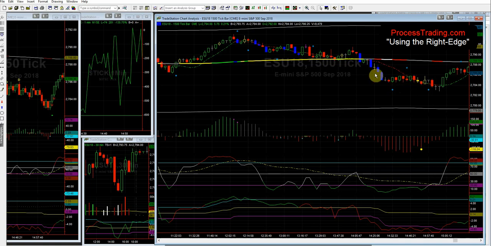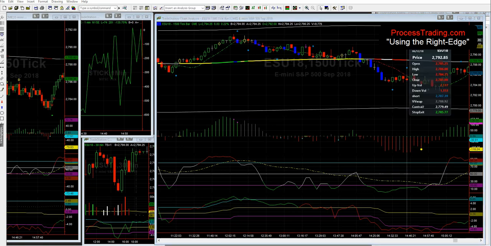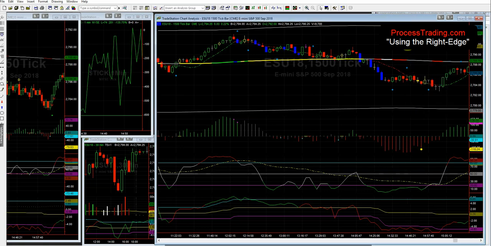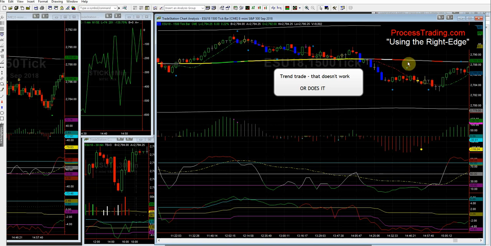The next trade that I really want to talk about is this dot right here. Now, this dot occurs at 14.42. It is a dot above the price bar, and the VWAP is gray.